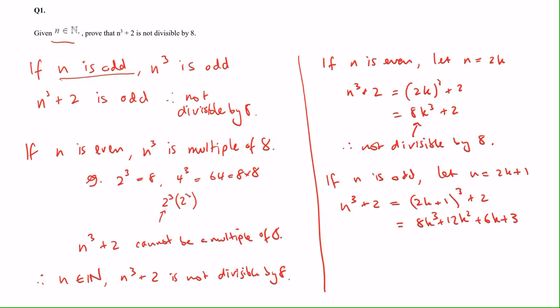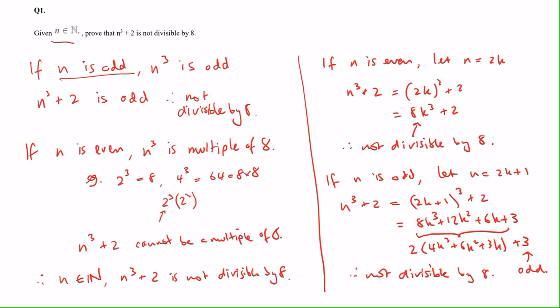And we can clearly see that we could pull 2 out of all of that. That is an even number then. So that's all even. Adding the 3 to it makes it odd. So it now becomes odd, and an odd number is not divisible by 8. So therefore this is not divisible by 8. So we've proven for the odd case and the even case that we're not divisible by 8.